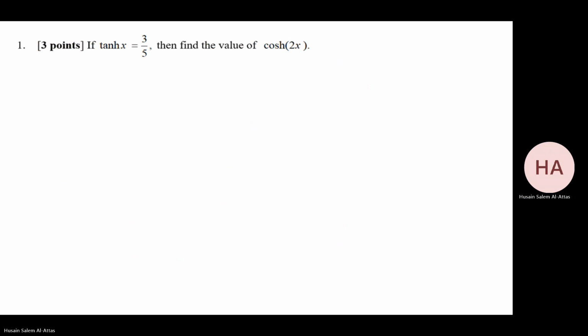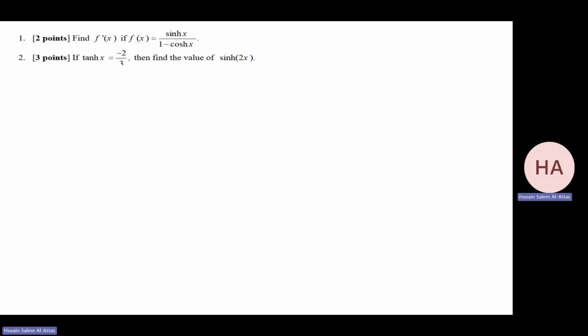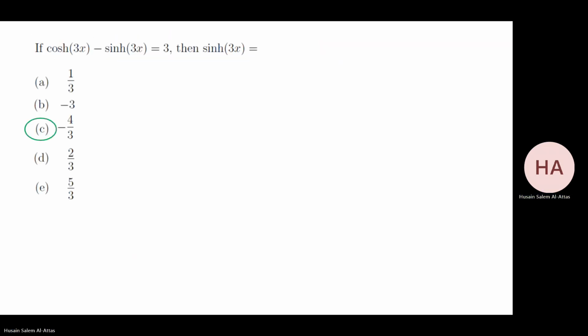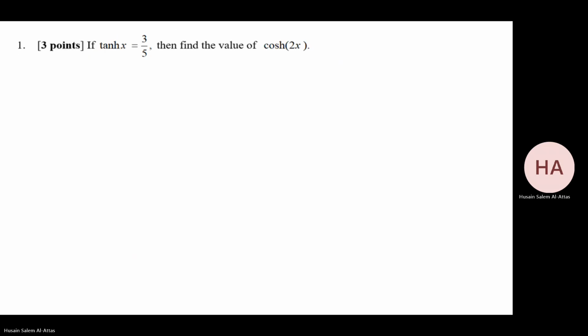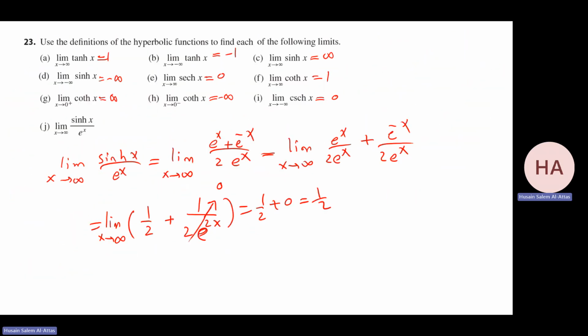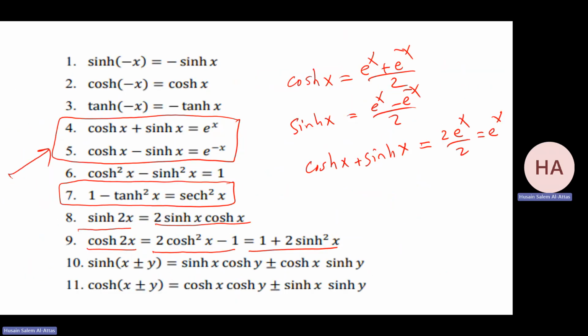Okay. If tan hyperbolic of x is 3 over 5, find cosine hyperbolic 2x. To find cosine hyperbolic 2x, I have many formulas, but I need this formula maybe better.